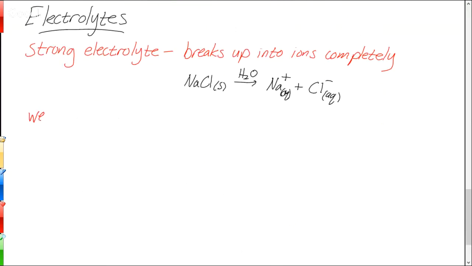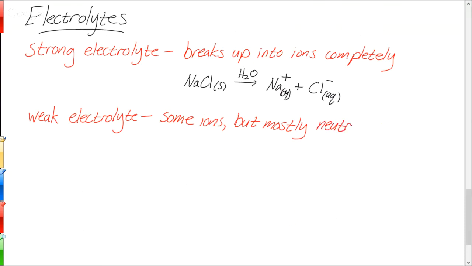Then you've got a weak electrolyte, which has some ions, but mostly neutral molecules or compounds.